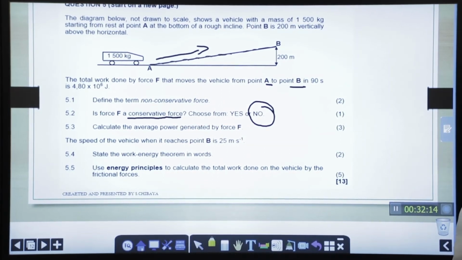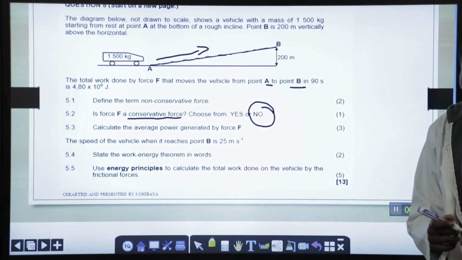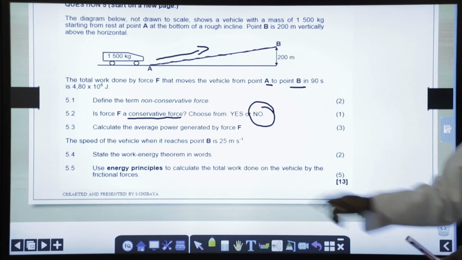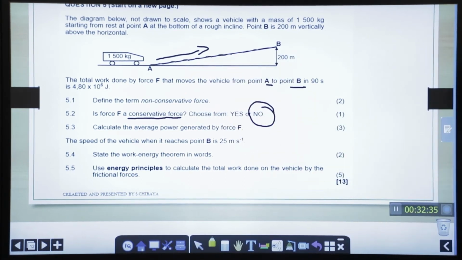So, work done by a force F is equal to F multiplied by change in X multiplied by cos of theta. The theta is equal to 0 because it's moving along the plane. So, what is the work done?